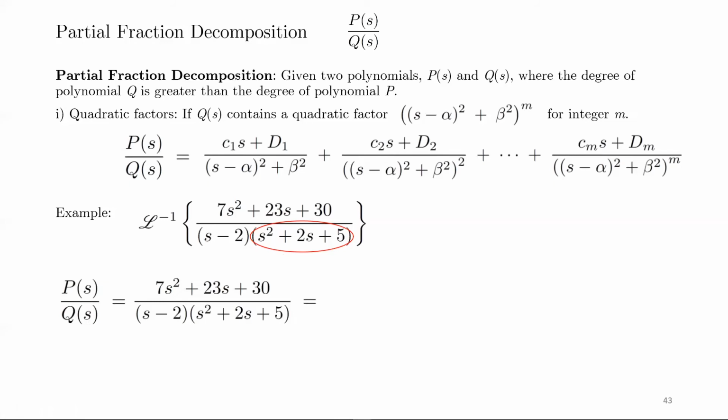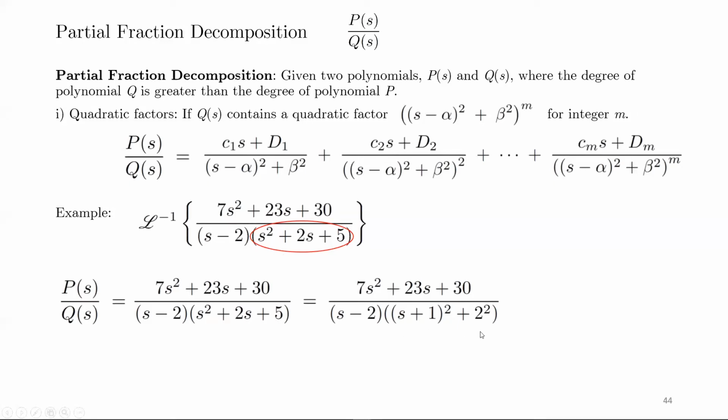In fact, I can simplify that quadratic term by completing the square. I've still got the numerator the same, the s minus 2 is the same, but if I complete the square on this quadratic in this bracket here, I get s plus 1 squared plus 4, or 2 squared. Okay, so this is a quadratic term here.